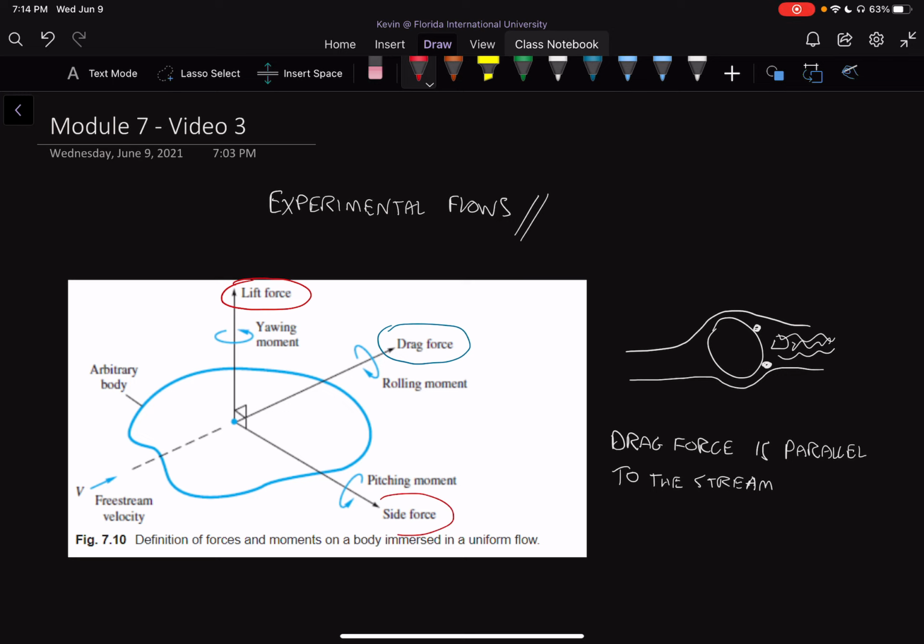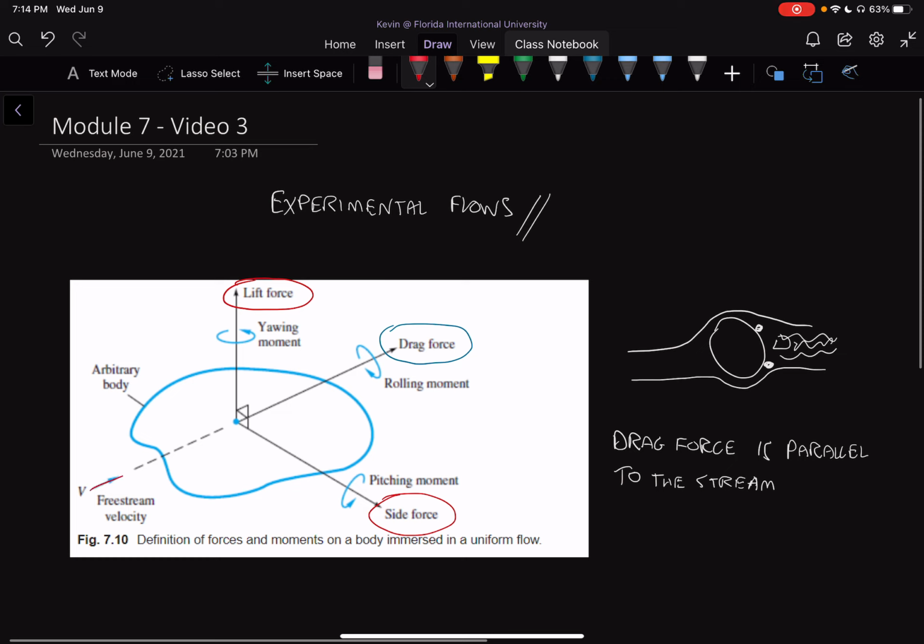We also have a side force. So if we have the velocity of our stream coming in like this, that's our velocity of our stream coming into our system, and we have this arbitrary body, the side force would be the force that is created sideways because of the body. So if wind is coming straight at you, you might have some side force if your body is not symmetrical.